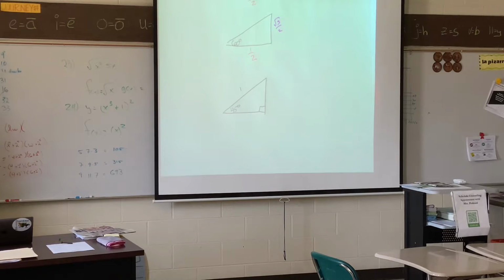What do we know about it? Yes, Carson. Exactly. Two legs would be the same. But what are they? I'm hearing we take half of the hypotenuse. We double that and divide by the square root of that? Is that right? No, we can't have that. We just divide it by the square root of 2.